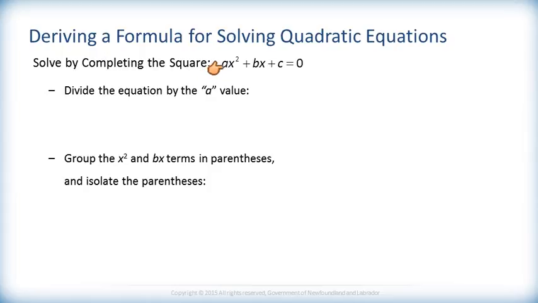We begin by considering the general quadratic equation ax squared plus bx plus c equals 0. And we're going to apply the same steps for completing the square that we learned back in the previous section, section 4-3. So, dividing the equation by the a value, we take all the terms in that equation and divide them by a.